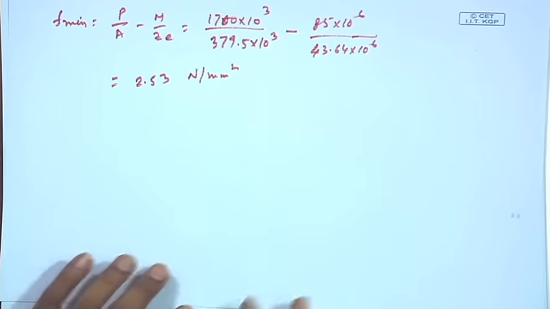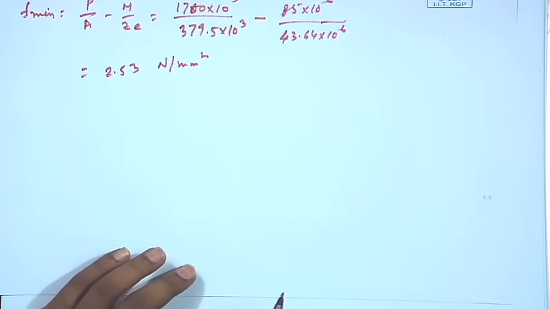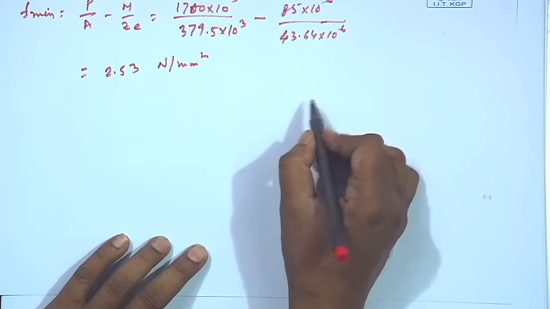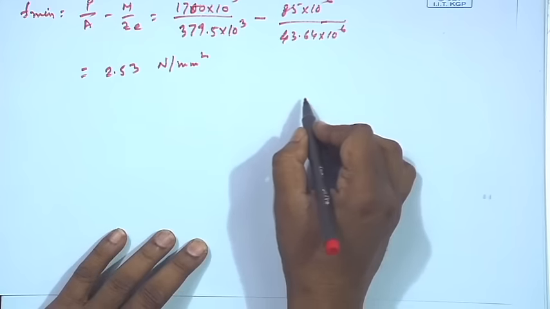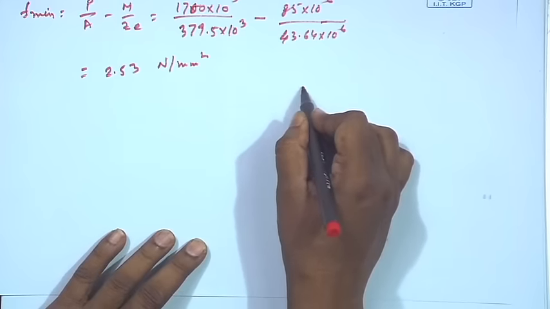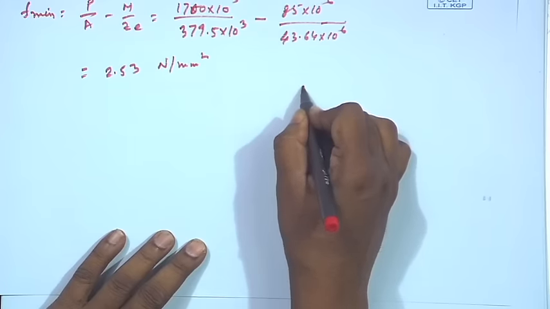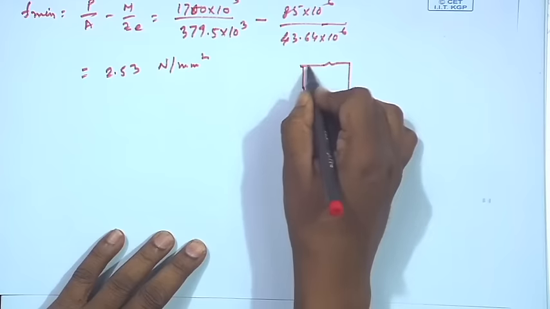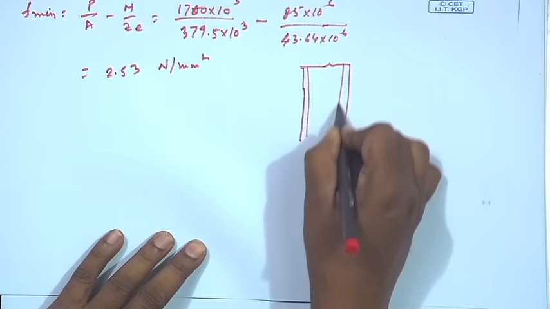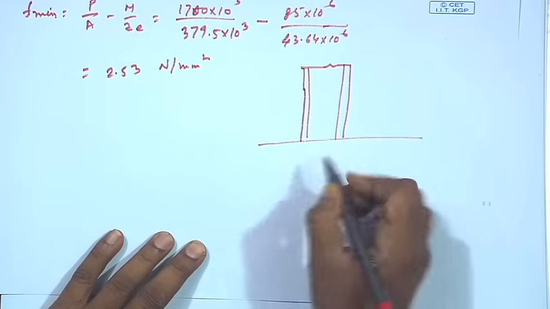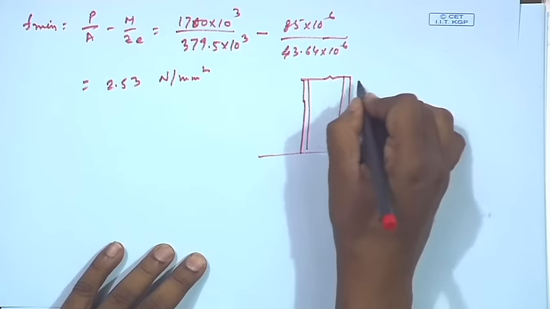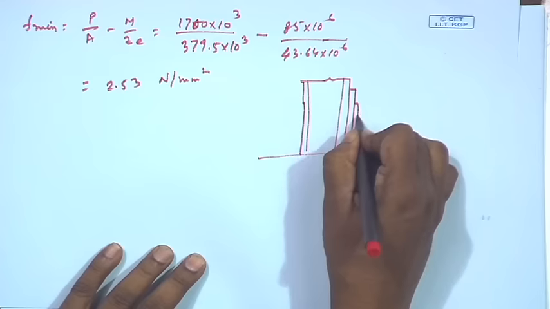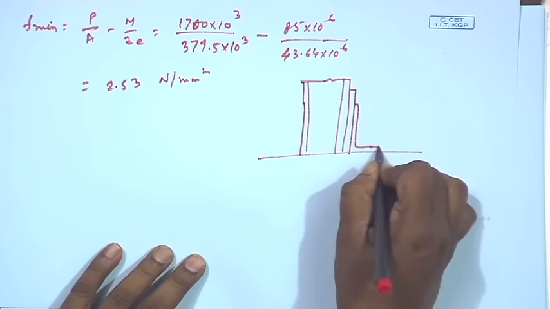Now let us draw the pressure diagram, because we have to find out the maximum moment developed at the critical section. If we draw the diagram, we can see this is a column, and then we have a gusset plate, then an angle.